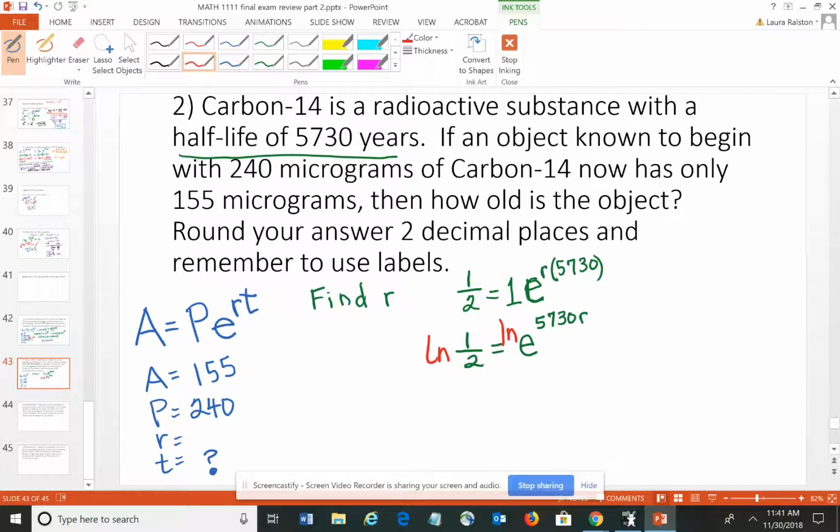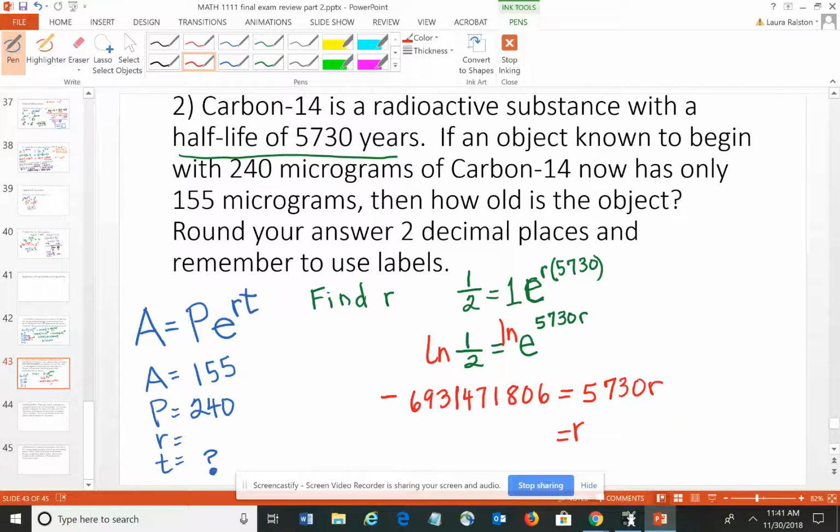It gives me negative 0.6931471806, and that equals 5,730 times r. If I divide that value by 5,730, it's going to give me the rate of decay for carbon-14.